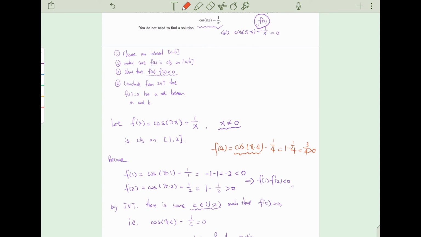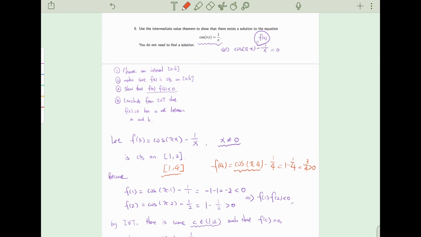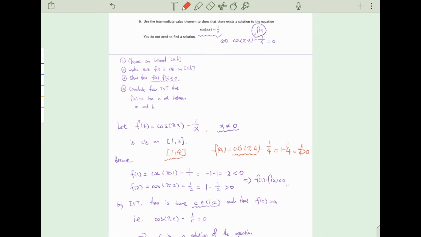So this interval is not necessarily to be 1, 2. It could be 1, 4. So the constructive interval is not unique. That is up to you, as long as your interval is valid, right? The function is continuous on the interval, then you can use that interval.